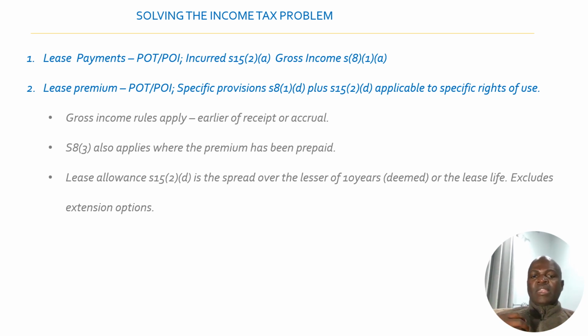Sometimes when the lease contract does not state, the lease is deemed to be over 10 years. In some cases, the asset that is being leased is being used for both trade and non-trade. In that case, there's apportionment between purposes of trade, to the extent that it is used for the purpose of trade.